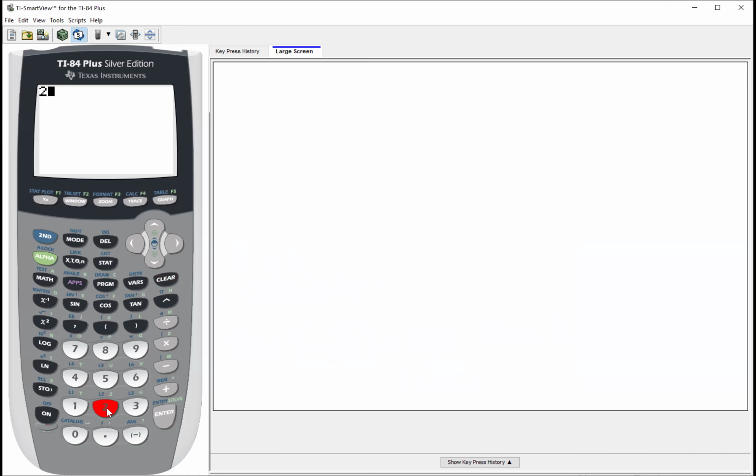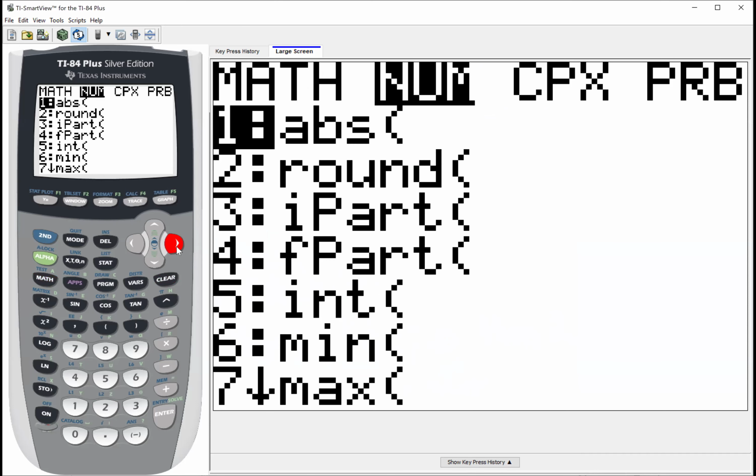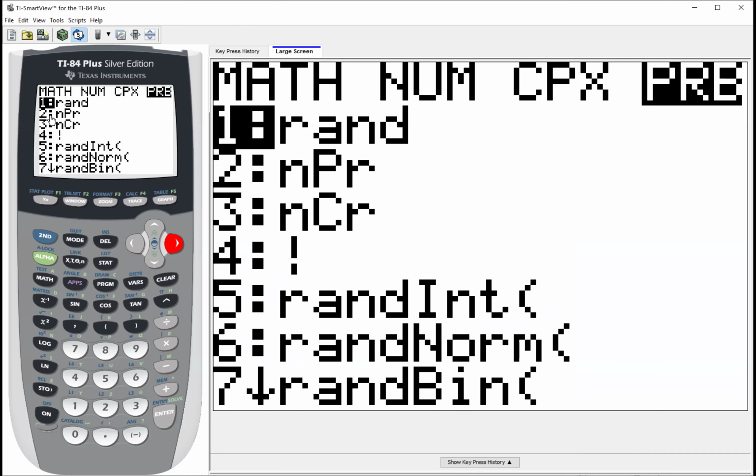So first I'm going to press 2. Now I need the choose function. So that's when we press math. We go over to PRB for probability. And you see option 3, the third one down, is your combination, n choose r.